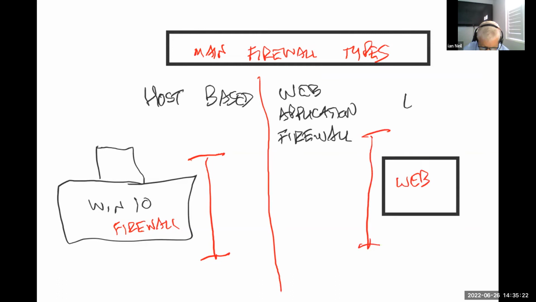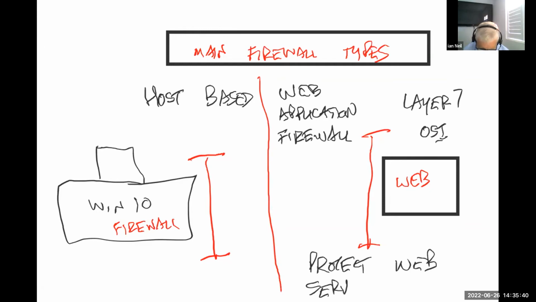He works at layer 7 of the OSI, and that is tested in today's test. And he protects the web server, and he protects the web applications. Then we'll look at another firewall, and he is called the stateful firewall.